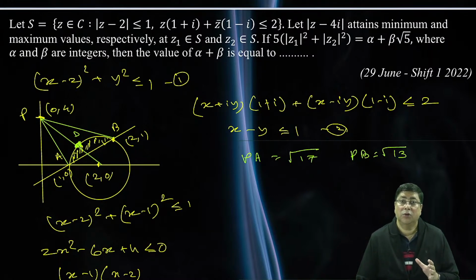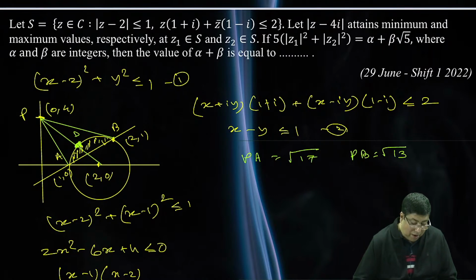To get a point on any straight line, the symmetrical method is better than the parametric method. If we apply the symmetrical method, P is (0, 4) and suppose the center of the circle is C, which is (2, 0).